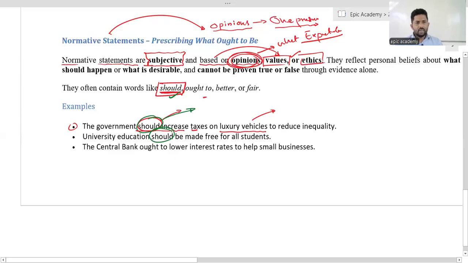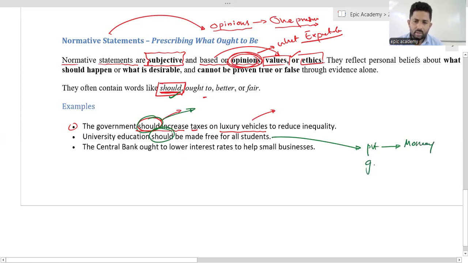The second one is: university education should be made free for all students. Yes, it is should, but the actual situation is not so. Some private universities provide university education for payment.